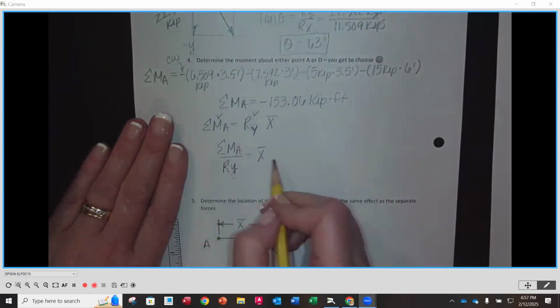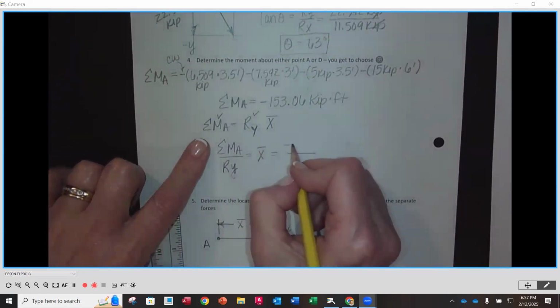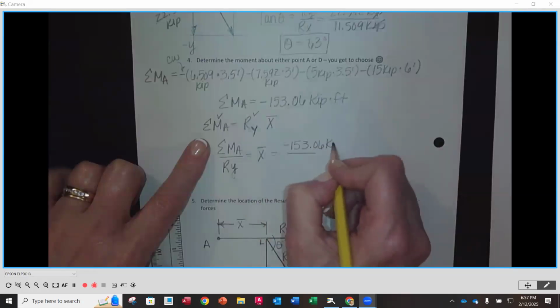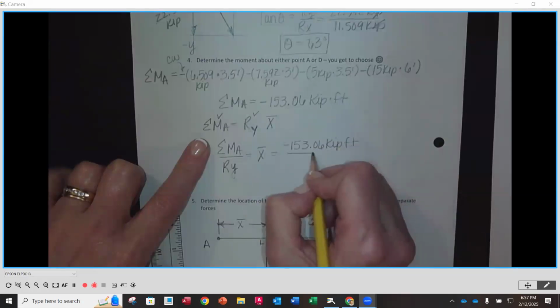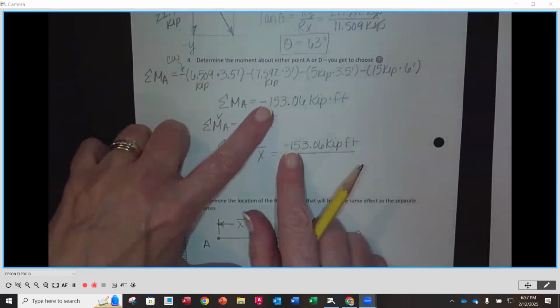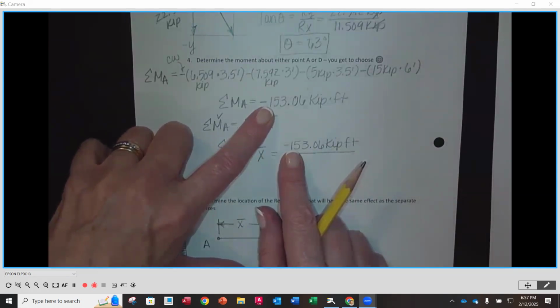So I know this to be negative 153.06 kip feet. Okay, put the units in. Negative, because it came out negative, and that also means that we are going to have a net rotation that is clockwise, in a negative direction.